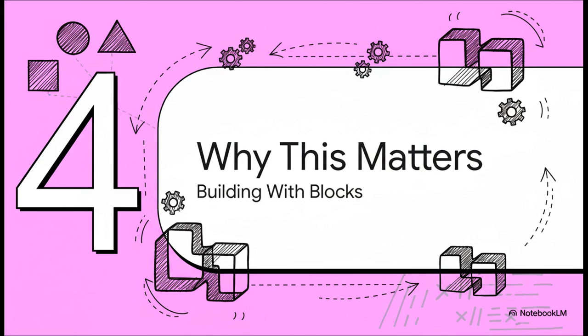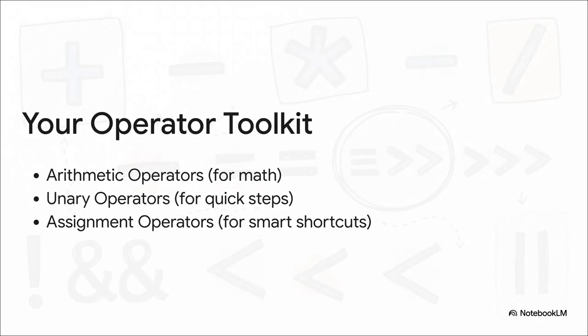So let's just take a step back for a second. We've just looked at 3 totally different kinds of these operator building blocks, but why does any of this matter so much? Well, these 3 categories basically form the core of your operator toolkit. You've got your arithmetic operators for all the math, you've got unary operators for those quick one-step changes, and you've got assignment operators for writing really efficient, smart shortcuts.